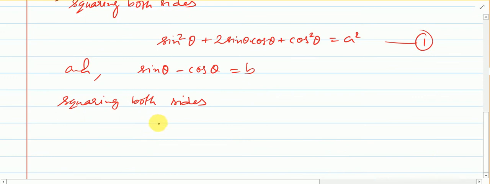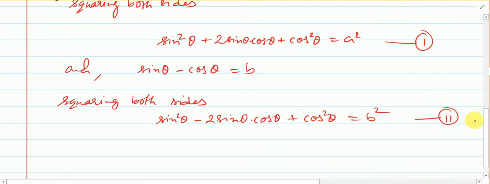Squaring both sides, you are getting sin square theta minus 2 times sin theta into cos theta plus cos square theta is equal to B square, give this as equation 2.